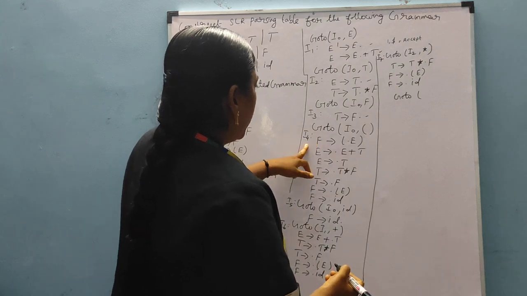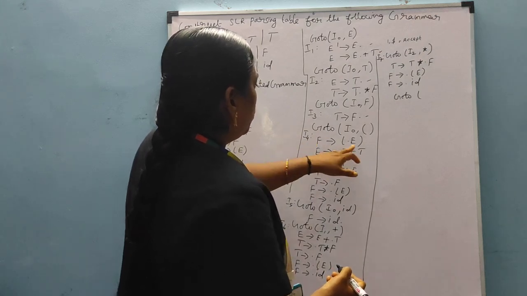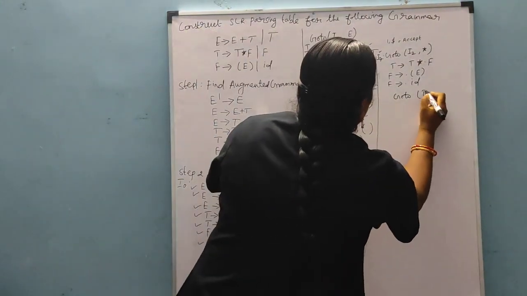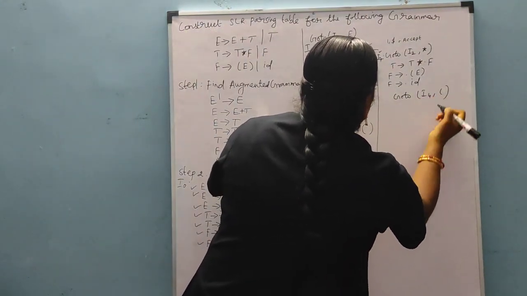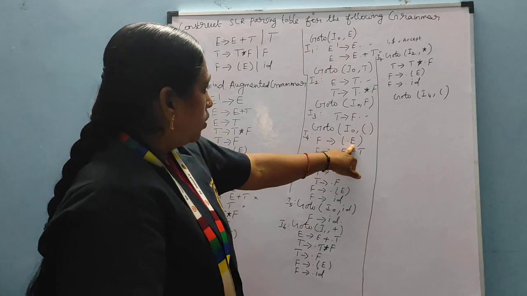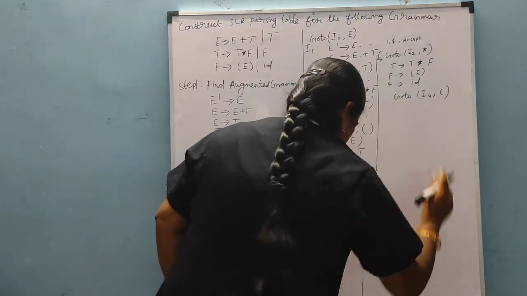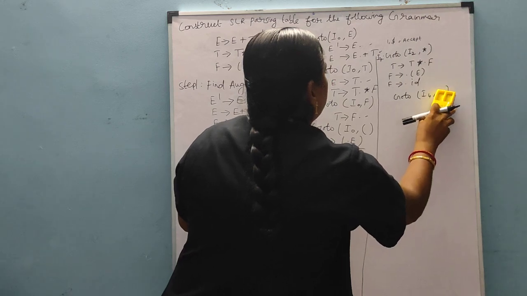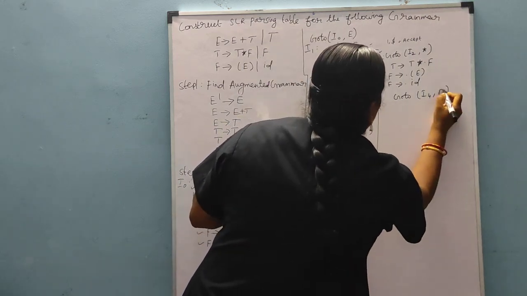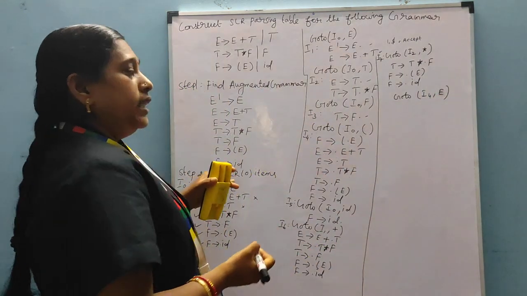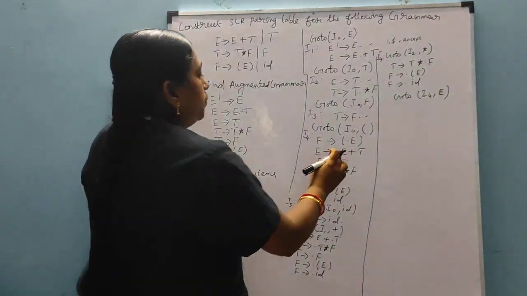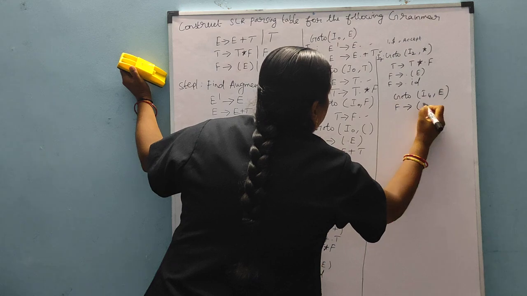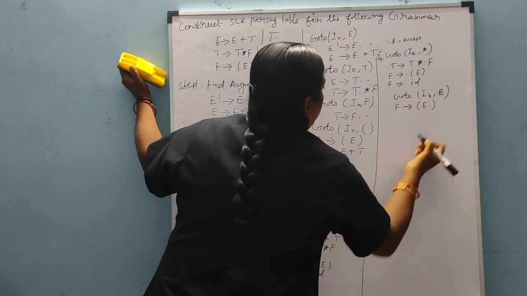Now come to the I4 state. In the I4 state, first one is non-terminal E. So go to I4 comma non-terminal E. So I4 comma E. You can take F tends to open bracket E dot close bracket.